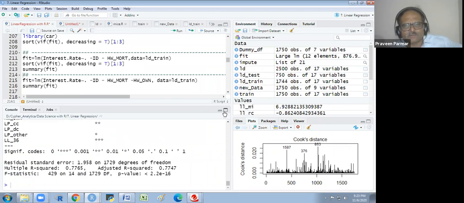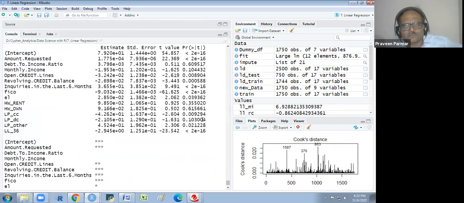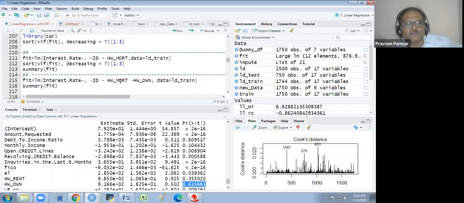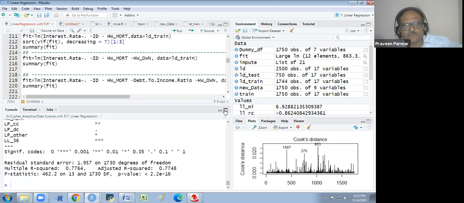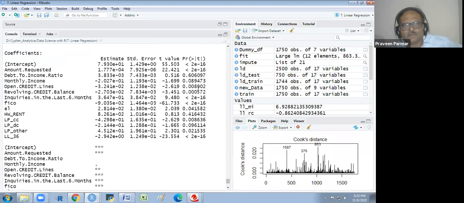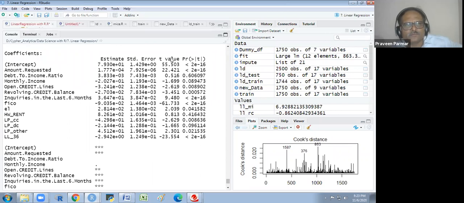I think there will not be much difference over there. House ownership, a little maybe. House ownership, correct. And I will show you the summary. Then house ownership, we are getting 0.41 debt to income ratio.